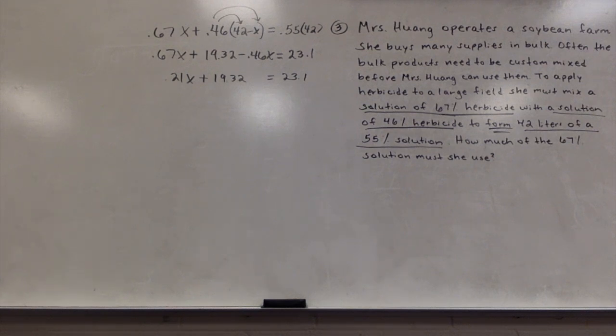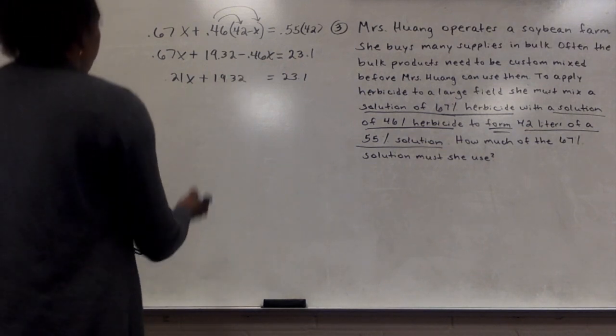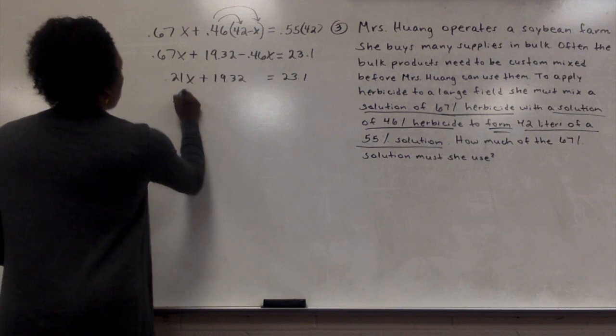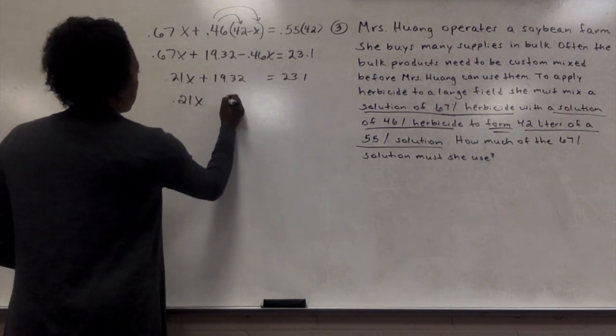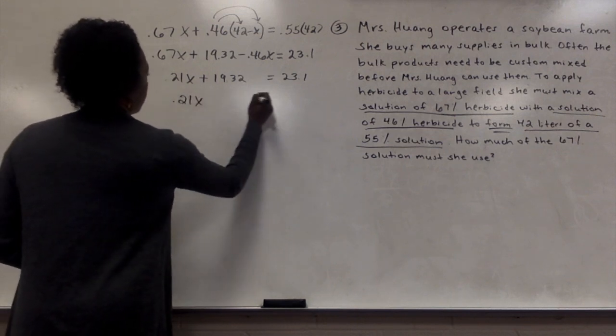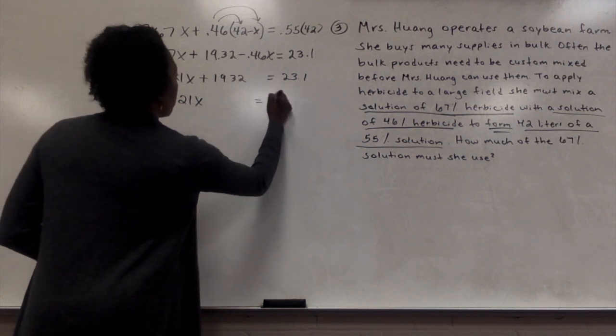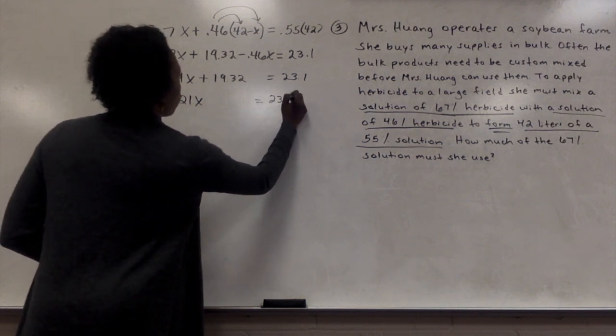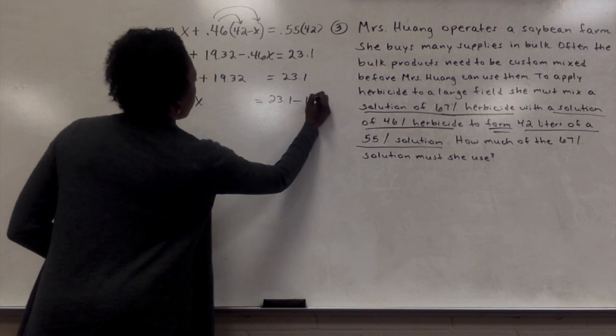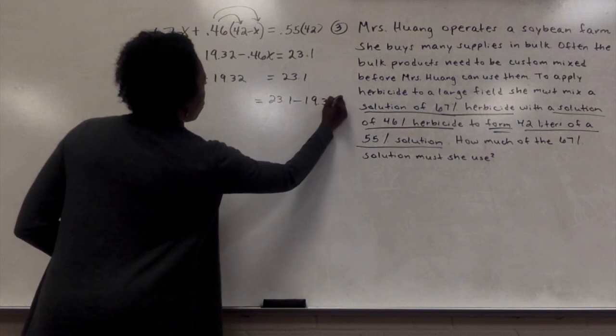So the next thing we're going to do is get all of our decimals to one side. So I'm going to leave my 0.21x on this side, and I'm going to move my 19.32 to the right side.